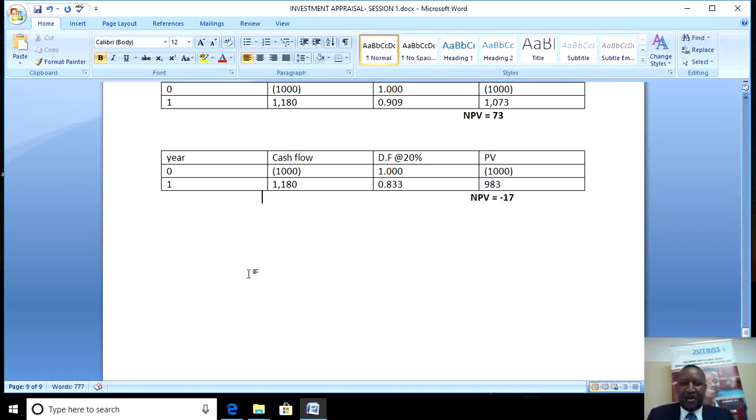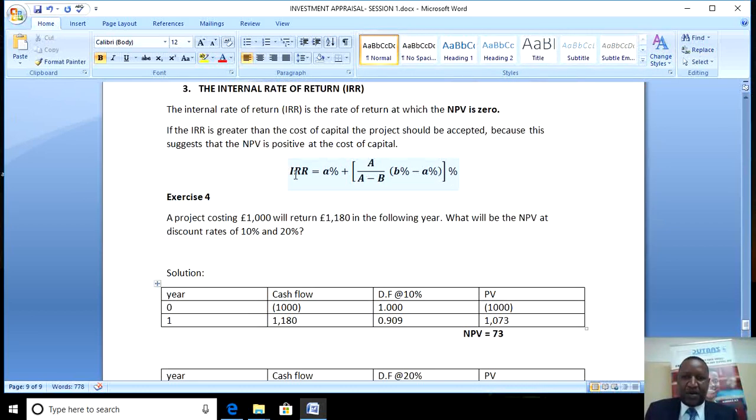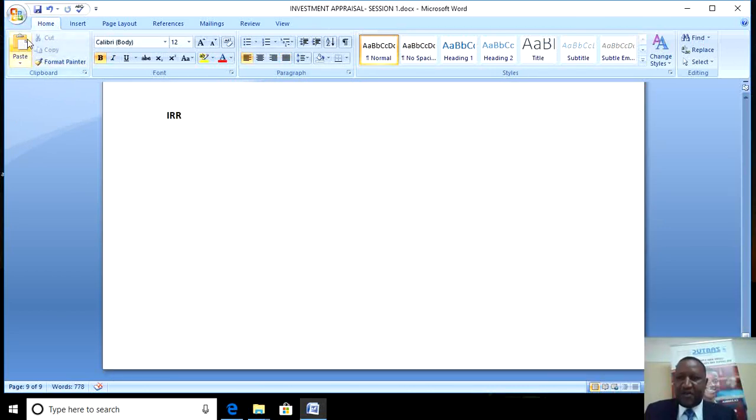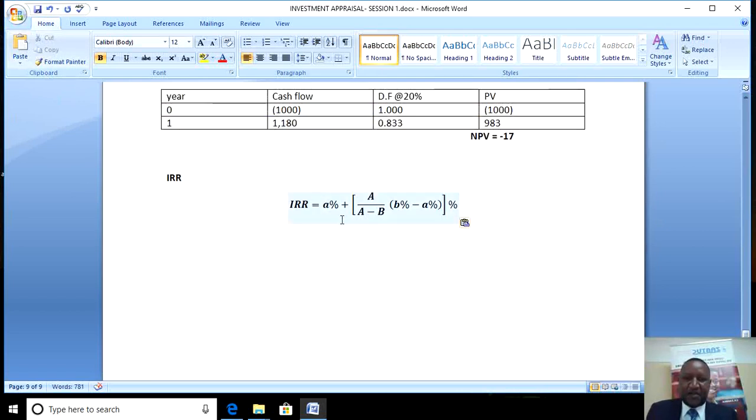So then let's look at the internal rate of return. Internal rate of return is that rate that will give us NPV equal to 0. So at what rate will our NPV be equal to 0? So let's bring in the formula for internal rate of return and substitute.